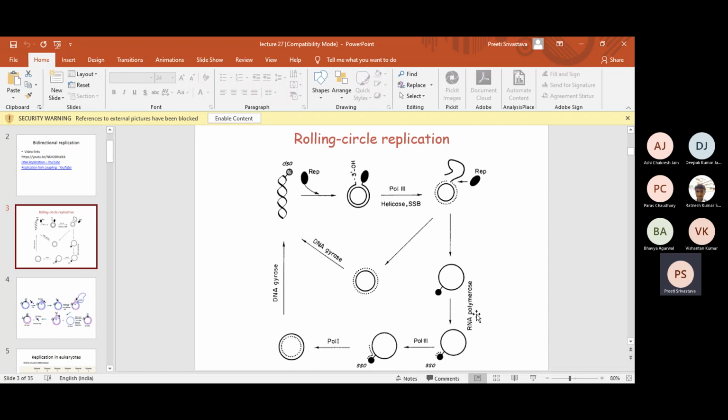So RNA polymerase will use the DNA as template and make an RNA primer. Onto this RNA primer, polymerase 3 can carry out synthesis of DNA, and the place where it works is the single-stranded origin, called SSO, and then ultimately the single-stranded DNA will also become double-stranded DNA.